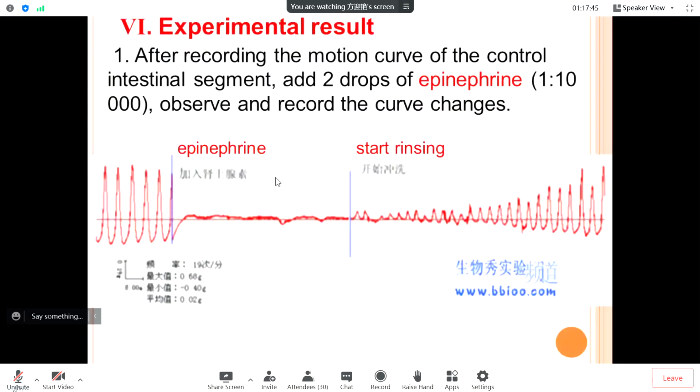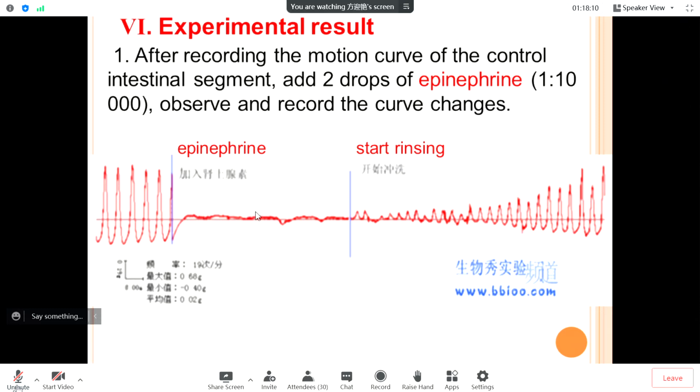So for that we can record the contraction curve. First we add about 2 drops of epinephrine, and then we can see the curve change.